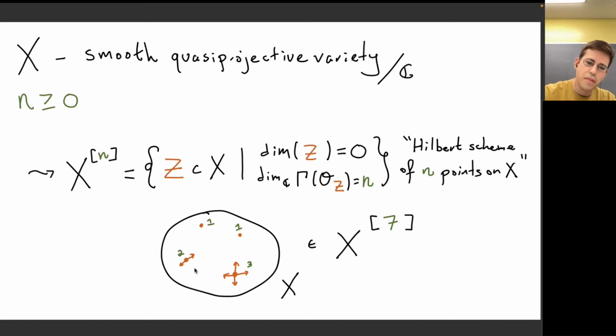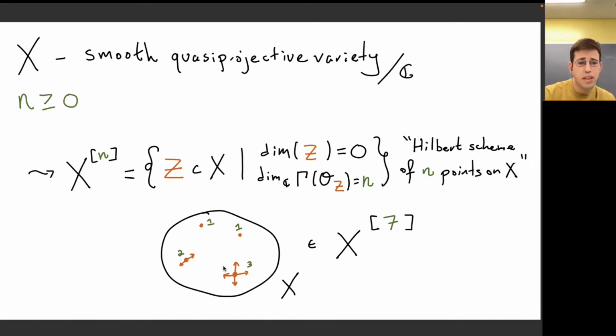So say this point here, I've given multiplicity 2, and that means I have to pick some way to thicken the scheme to have length 2 at this point. And here I have more choices. I have this point of multiplicity 3, and so I have some length 3 subschemes supported at this point. And the direct sum of all these subschemes gives me a subscheme whose total length is 1 plus 1 plus 2 plus 3, which is 7.